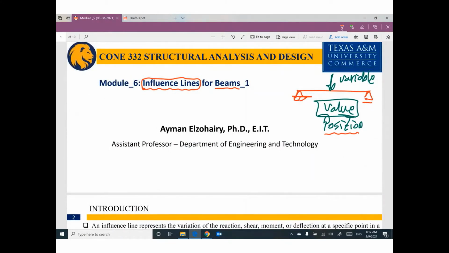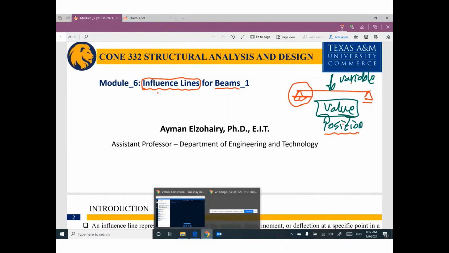The position of this load is moving on this bridge. So what is the effect? What is the influence of these loads on the reaction? This effect can be considered influence lines. Influence lines. Any question?